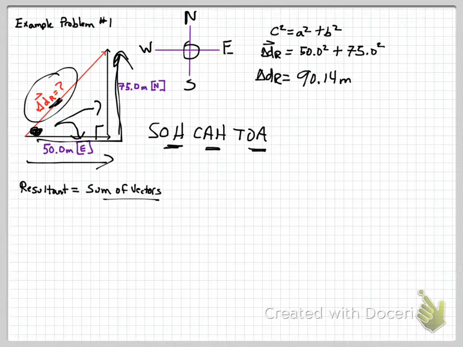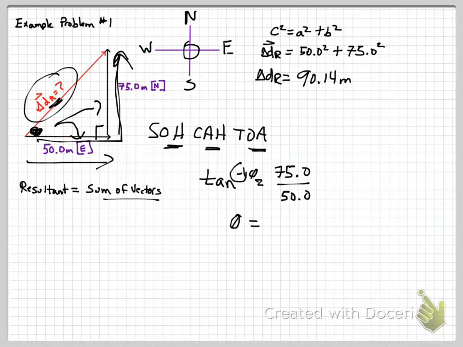So in this case, because I'm looking at opposite over adjacent, then I can do tan to the -1 of 75.0 divided by 50.0 equals theta. I should have a little theta sign in there. I'm doing the inverse function of tan, that's what the -1 is referring to.